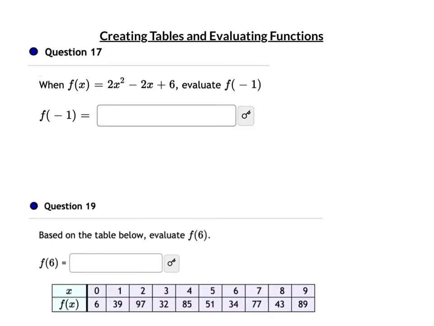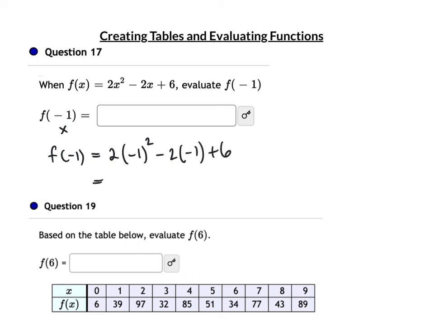Here's an equation with an exponent. In this case, we're going to plug in x is negative 1. So it'll be f of negative 1 equals, wherever there's an x, I'm going to put a negative 1. And you need parentheses. It'll be 2 times negative 1 squared minus 2 times negative 1 plus 6.